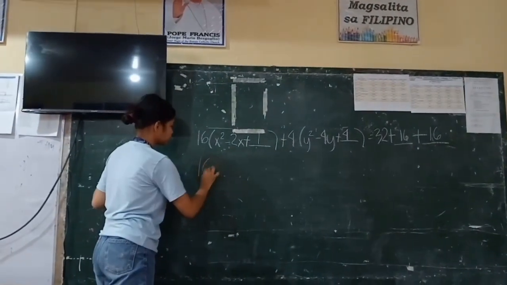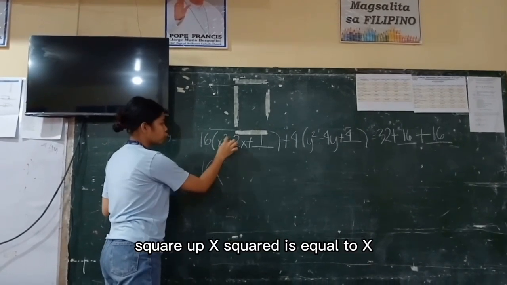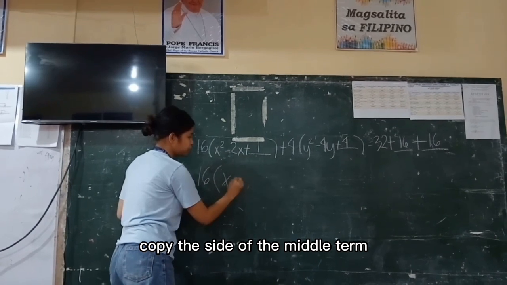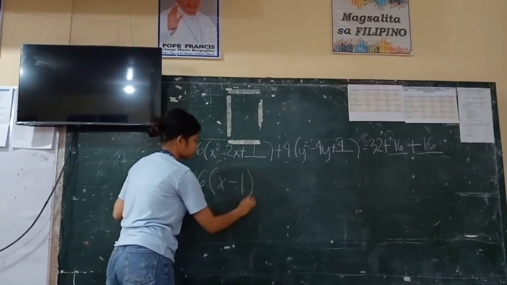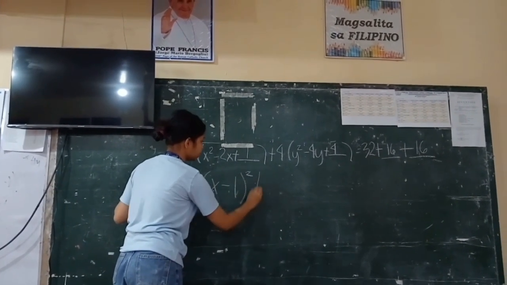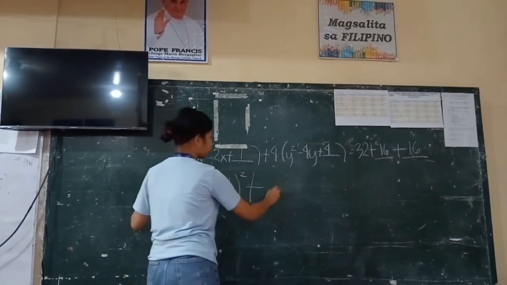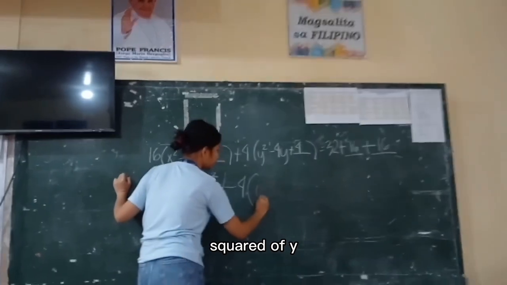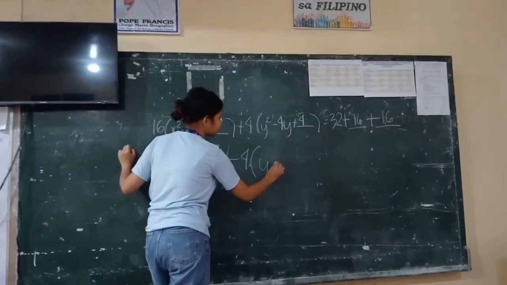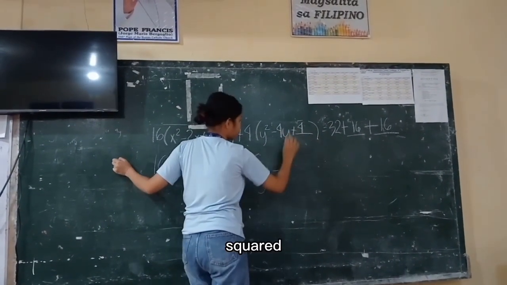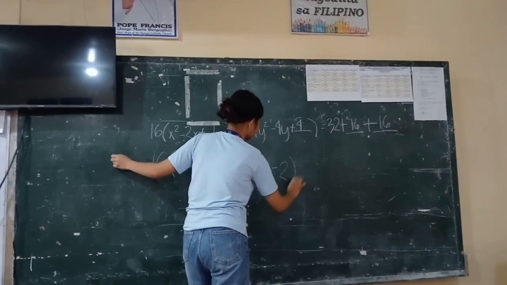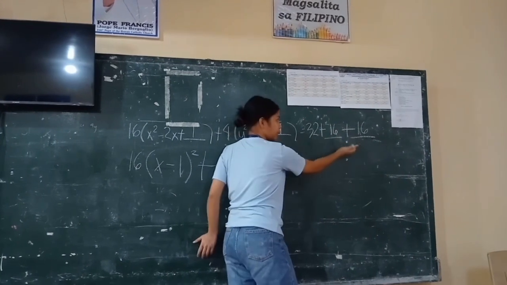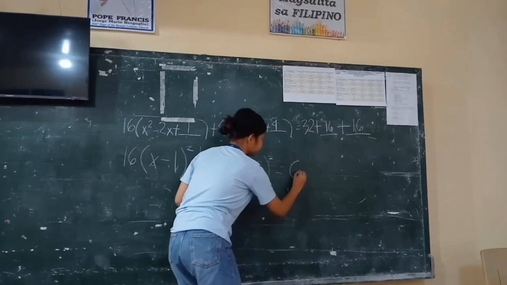Square root of x squared is equal to x. Copy the sign of the middle term and then 1. Plus, copy 4. Square root of y squared is equal to y. Copy the middle term and the square root of 4 is equal to 2. 32 plus 16 plus 16 is equal to 64.